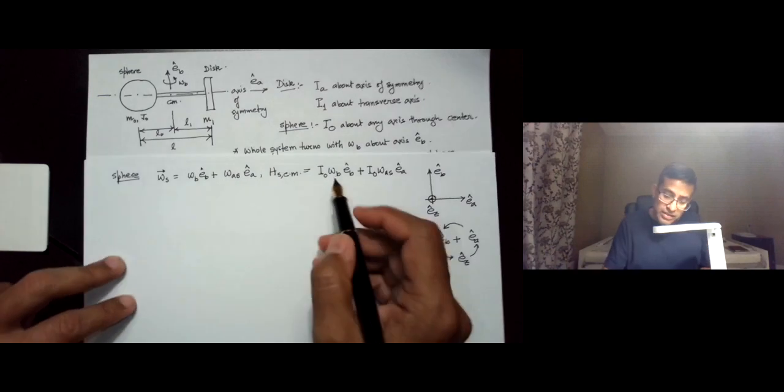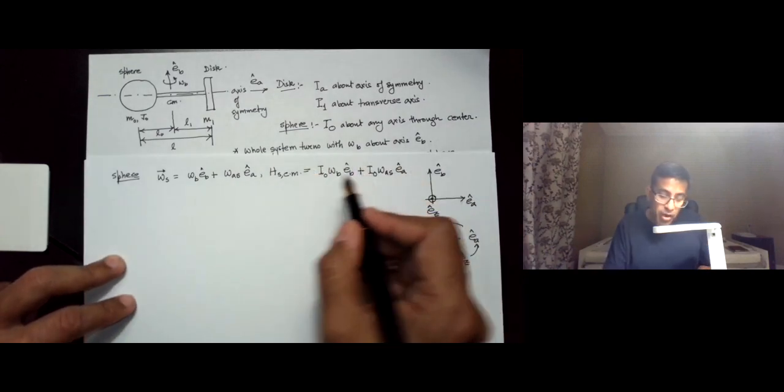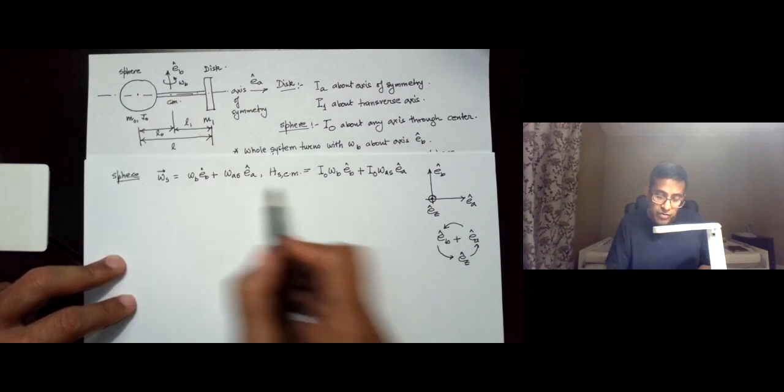Okay, so this is the angular momentum of the sphere about its center of mass. So that is the first term.